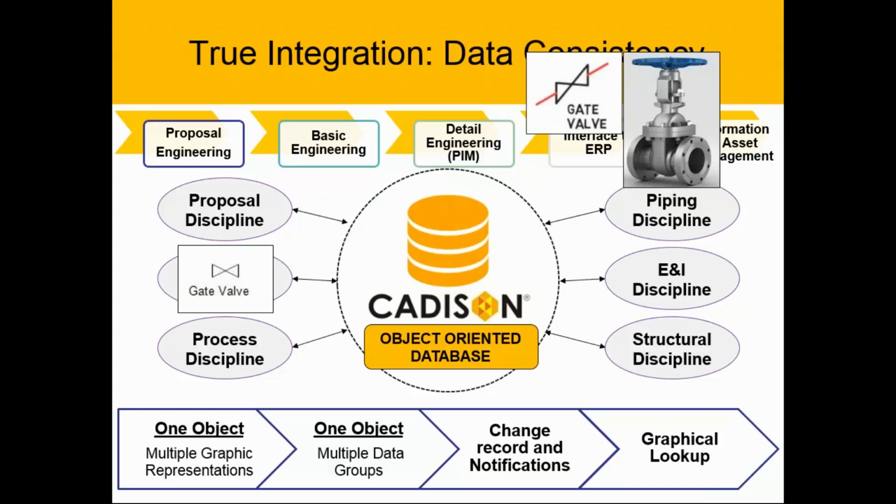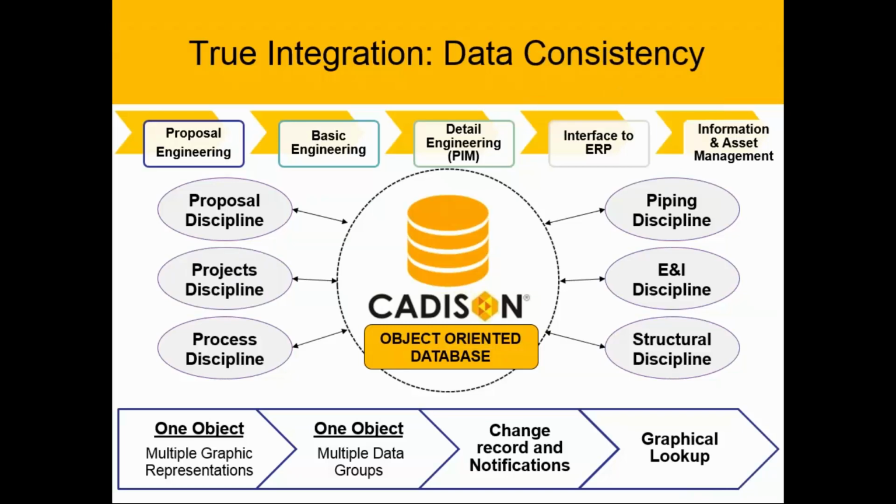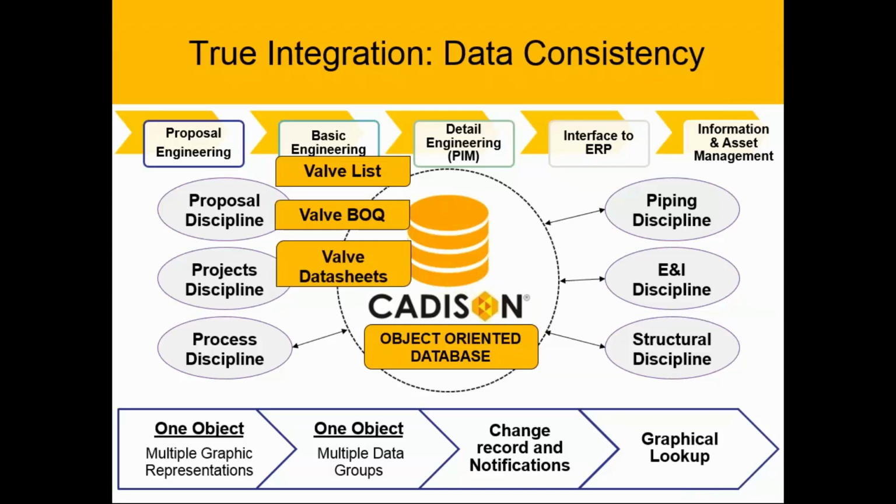The same valve object carries multiple property groups that can also store data for creating reports like valve list, valve BOQ, valve datasheets, valve cost sheet, and with the help of custom attributes, other types of reports are possible as well. Objects are integrated in CADISON through a simple drag and drop function that I will show you later on in this presentation.